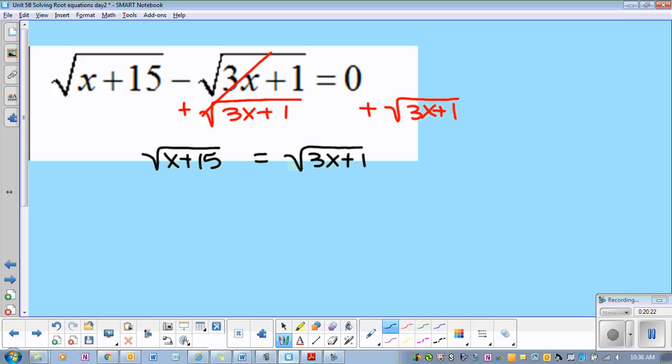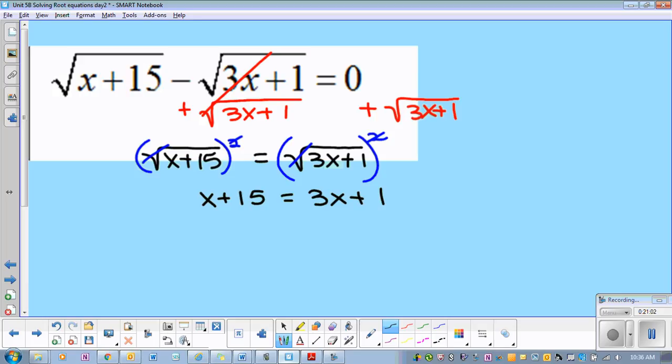What power? 2. Whatever you do to one side, you do to the other side. Oh, isn't this nice? What happens to that square root and the square? Cancel. So on the left side, gone. How about on the right side? Gone. So basically what you have left is what was inside. X plus 15 equals 3x plus 1.